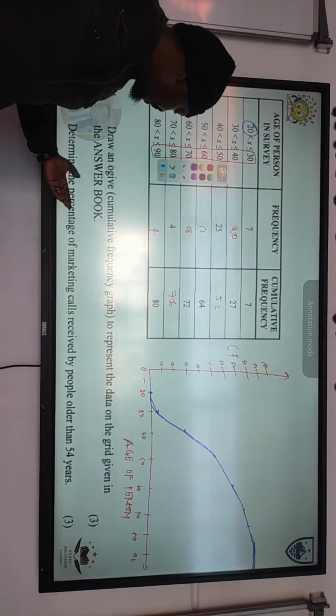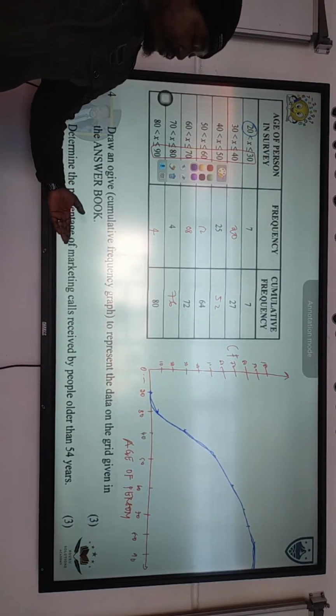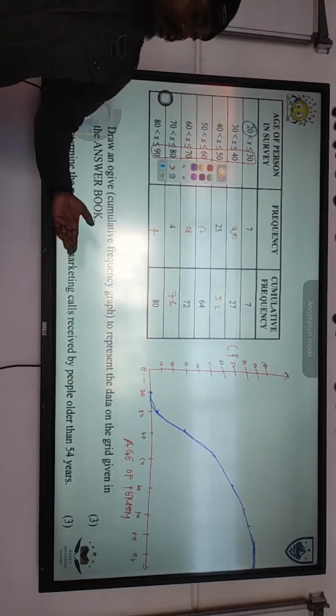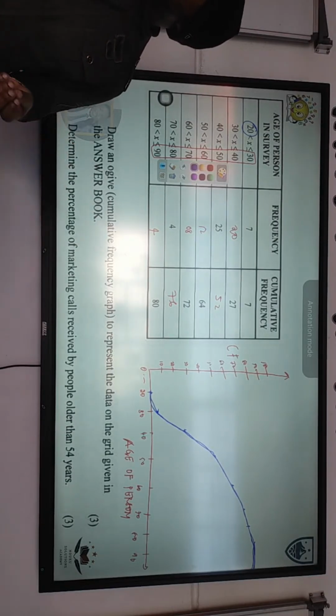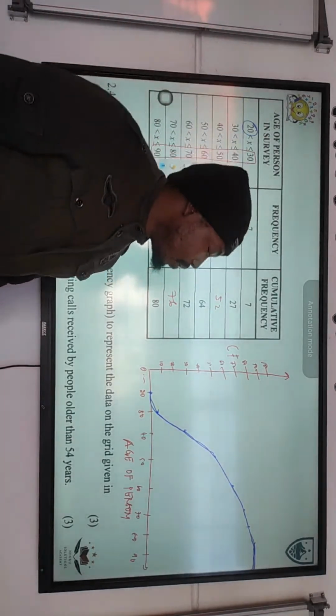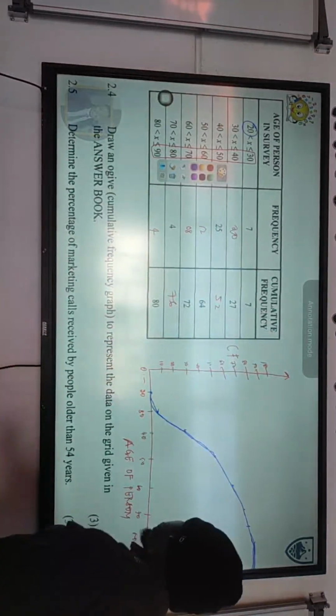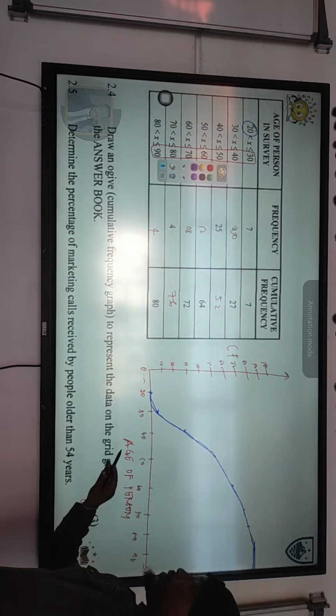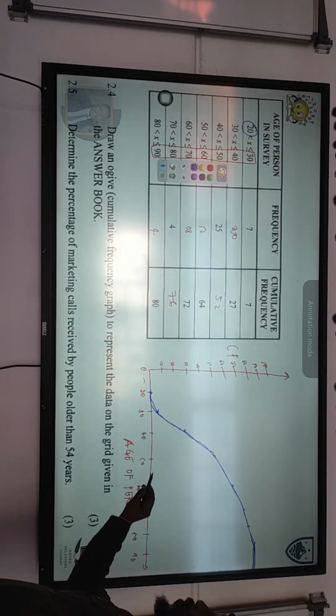All right. Determine the percentage of learners aged older than 54 years. So you come here and then you look for 54 years, draw a line. Let's say you're 54 years here. You draw a line from 54 years.